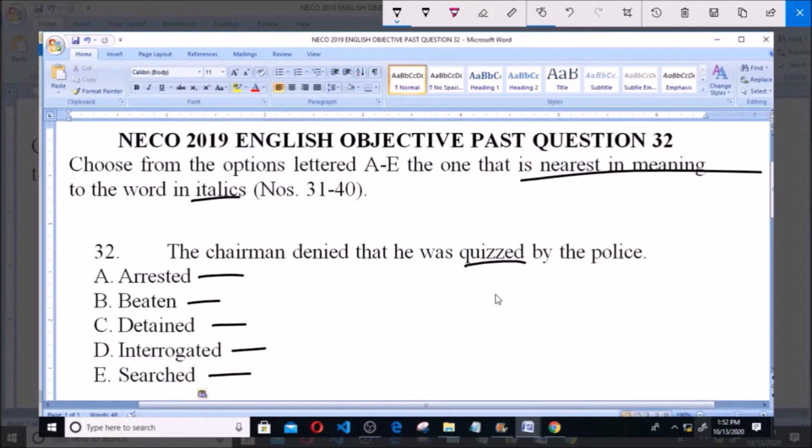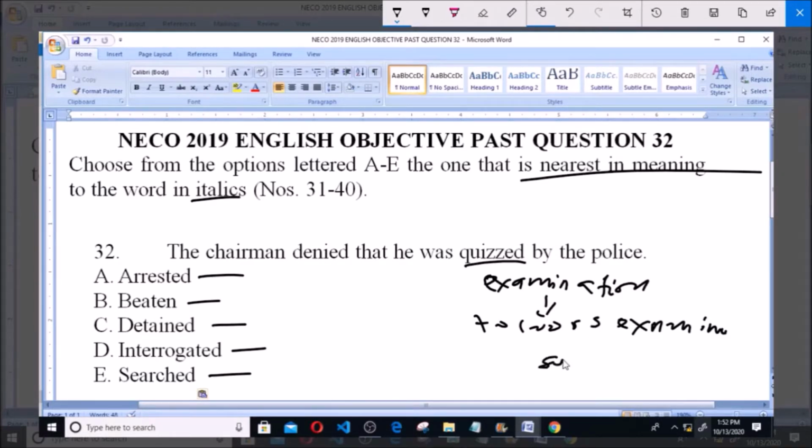Now when we talk about squeezed, it means examination or to cross examine, and then we are looking for the synonym, and remember that we are looking for the synonym of this word from these options.